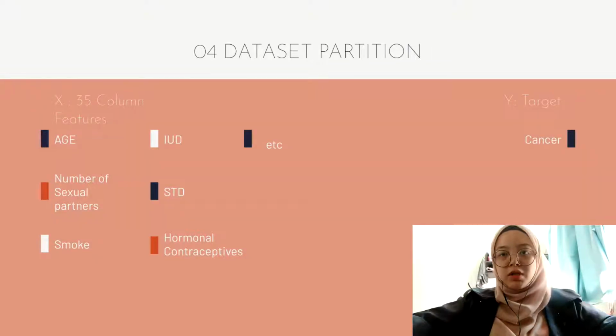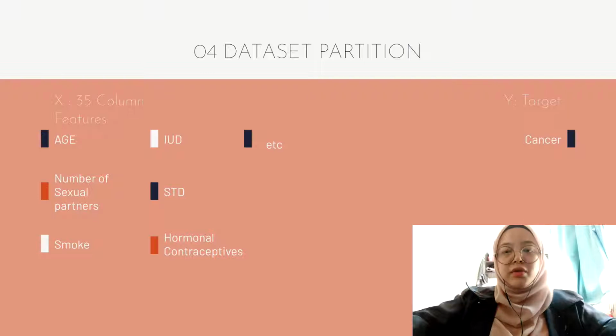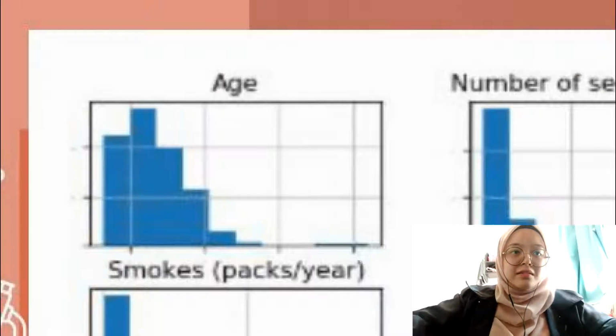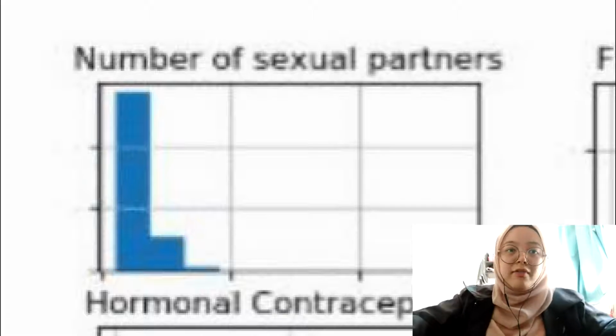The attribute information includes age, number of sexual partners, first sexual intercourse, and number of pregnancies, which is shown in this graph. In this graph, most of the survey takers are younger people, and most of them have 2 or 3 partners. Some of them have 4, 5, 7, and some have 8, 9, 10 sexual partners.